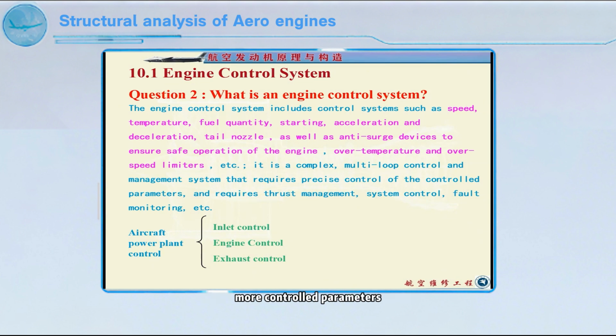More parameters need to be controlled more accurately, and thrust management, fault monitoring, etc. are required, all of which make the engine control system a complex multi-loop control and management system.